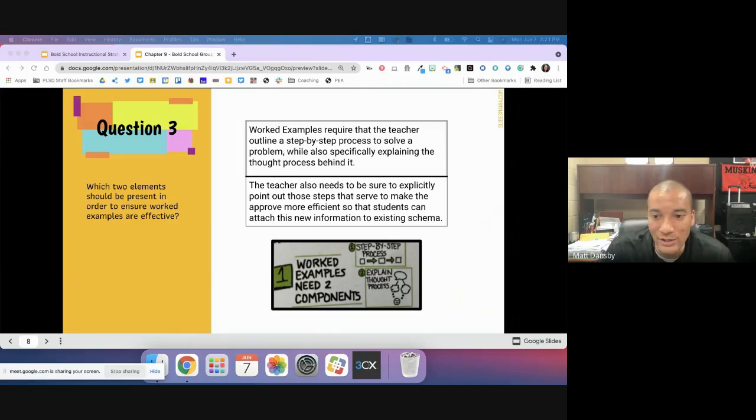So it's the metacognition of really talking about your thinking to students and making sure they understand that step-by-step process. And then the teacher also needs to explicitly point out the key concepts, which makes it more efficient for students. Sometimes they show a couple of ways of working through the problem, but it's really honing in on the key concepts needed for that worked example.